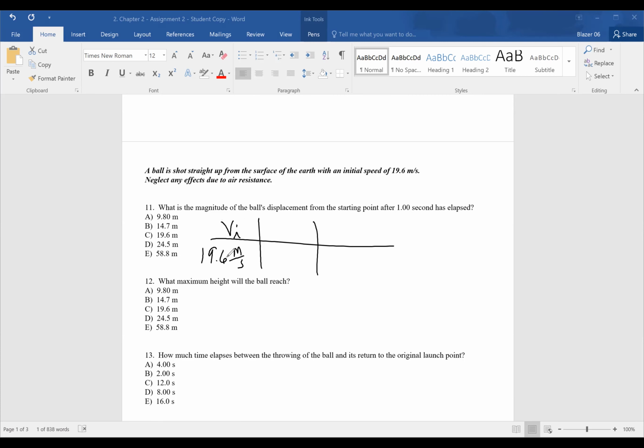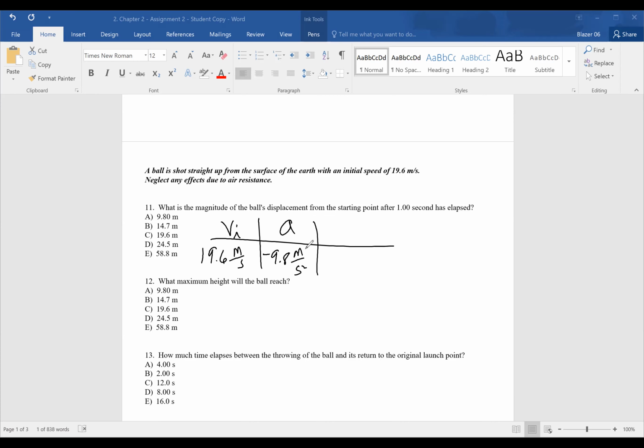Now again, it appears that not enough is given, but we know that anytime it's shot straight up, it's under the influence of gravity. So I know the value for a, which is negative 9.8 meters per second squared. You see how I keep saying that? Because when I continue to say that over and over again, it becomes stuck in my mind, and I know it.